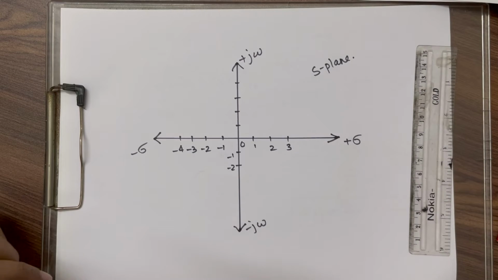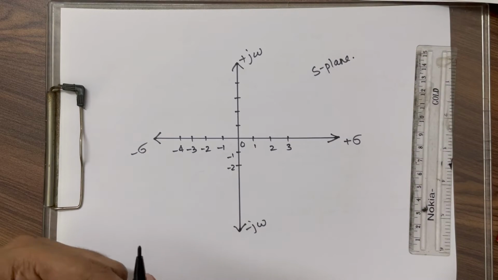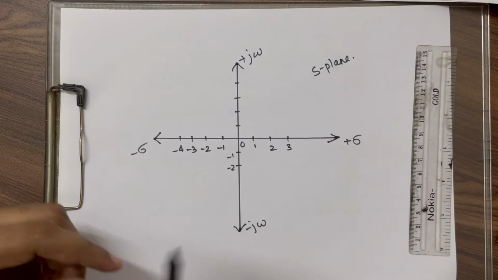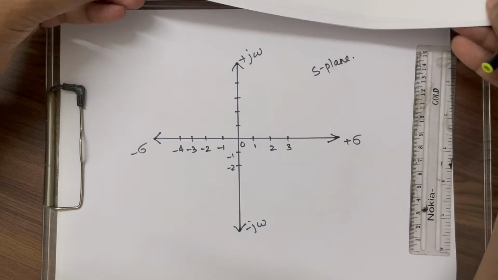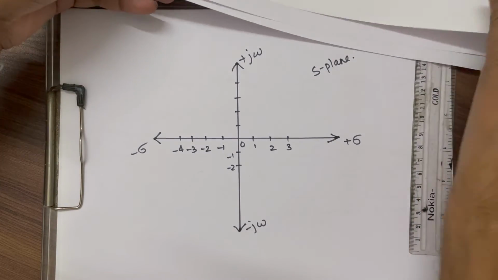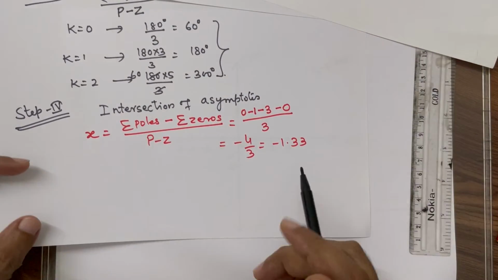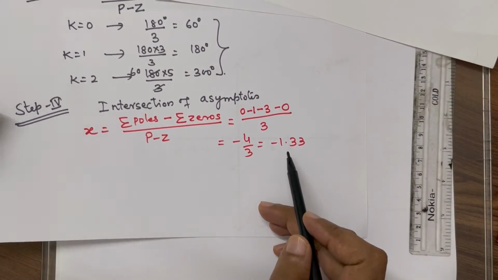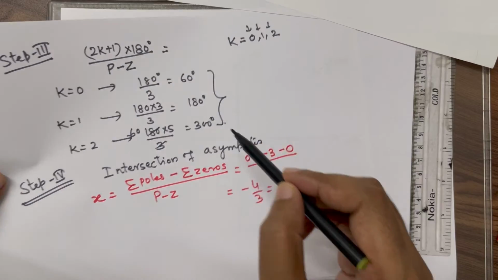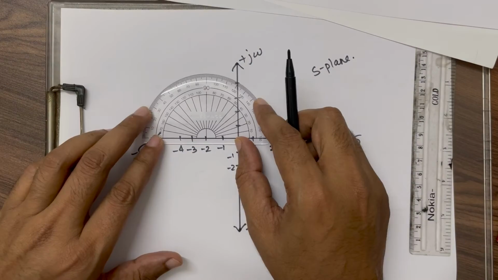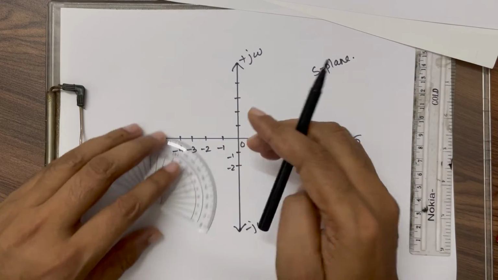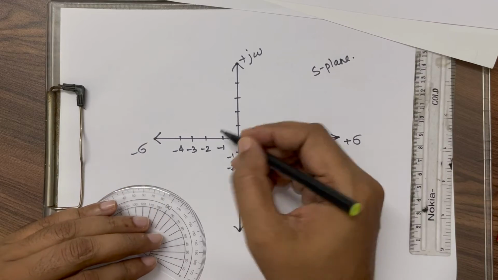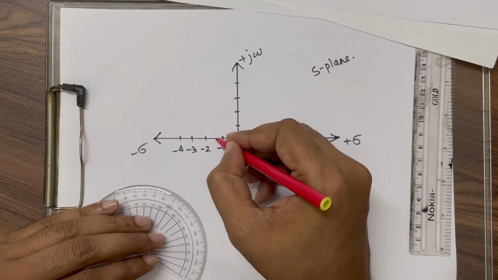Now the first thing we are going to draw is the asymptote. For the asymptote we have to see the intersection point of asymptotes, which we have calculated, that is -1.33, and the angles are 60, 180 and 300 degree. So we'll put first -1.33, which is roughly here.